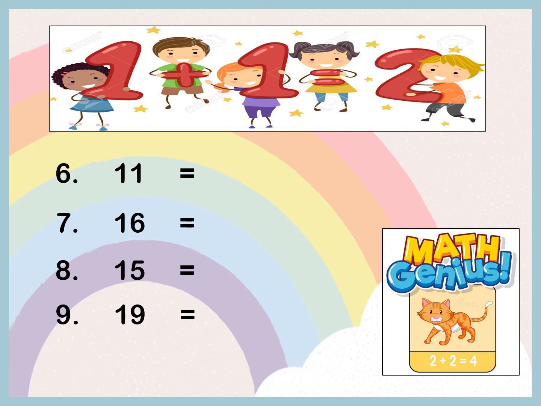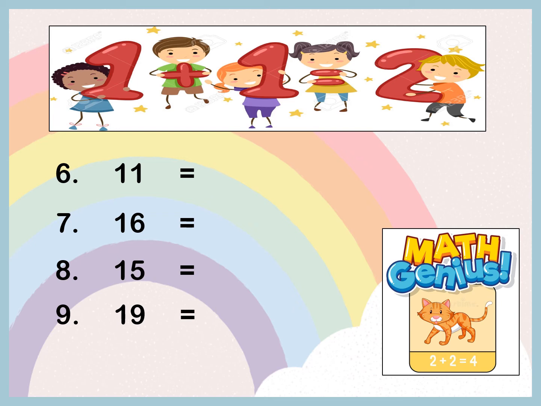Number 9 is 19. Spell 19. Can you do it? I know you can do it, kids. So, write down the answer on a piece of paper with you. Finish?